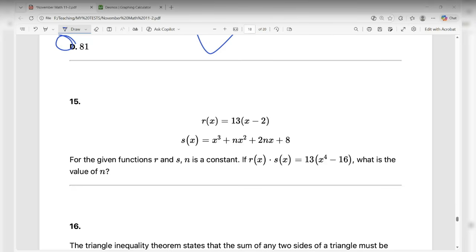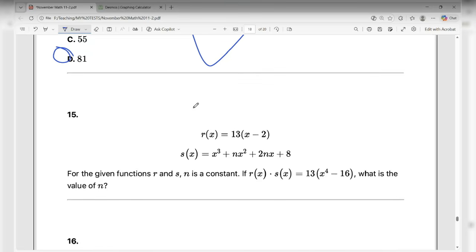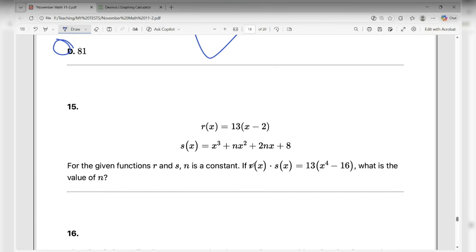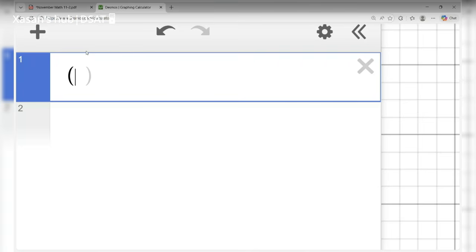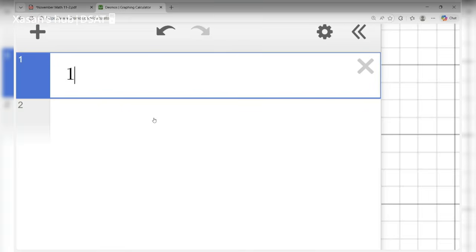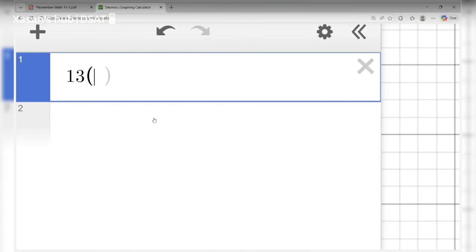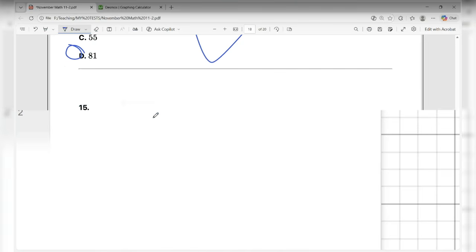So I guess we can start now. And look, guys, of course, that is Desmos-able now. It is r of x multiplied by s of x equals this. So I'll be writing down, instead of r of x, 13 times (x1 minus 2) here, right?